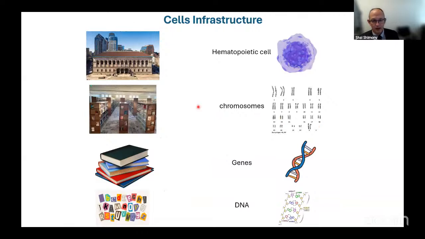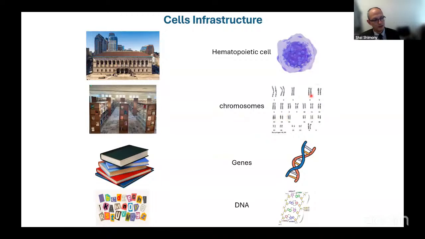And now let's talk a bit about that hematopoietic stem cell. The way I usually present it to my patients is I compare it to something more familiar, which is a library. This is the Boston Public Library that we have here in Boston. So envision that the hematopoietic stem cell is the Boston Library. Within the library, we have bookshelves.